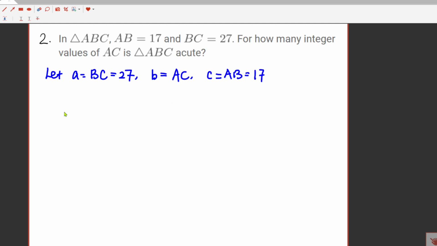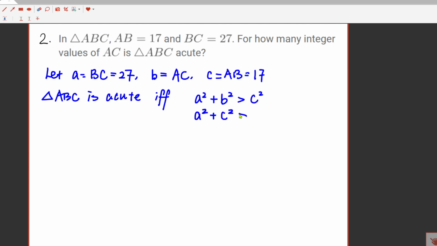The triangle ABC is acute if and only if, you could use this sign here, or you could also use IFF, if and only if, a squared plus b squared is greater than c squared, a squared plus c squared is greater than b squared, and b squared plus c squared is greater than a squared, right?